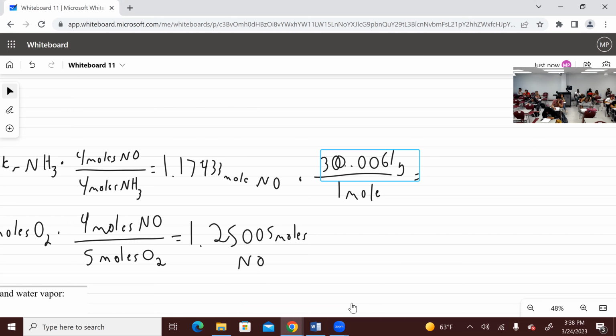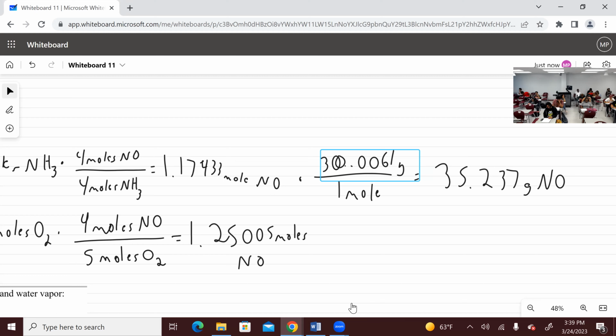That's going to give you 35.237 grams of NO. So that's the grams of NO that you're going to produce, right? Y'all see how I got that? I got moles of NO and I multiplied by the molar mass of NO to get grams of NO.